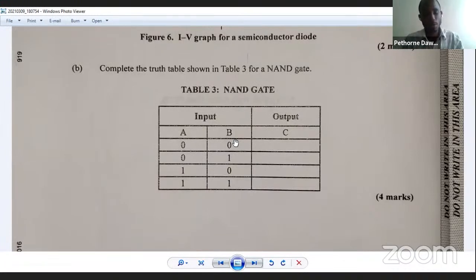NAND gates are electronic switches or electronic regulators for digital input. Digital, binary, 0 and 1, right? So what it does is that it takes inputs, 0 and 1, at 2 input points, and then based on the logic it has, it will give a certain output, which is either a 0 or a 1.